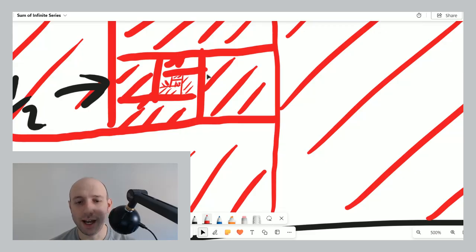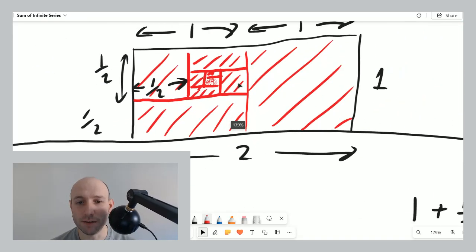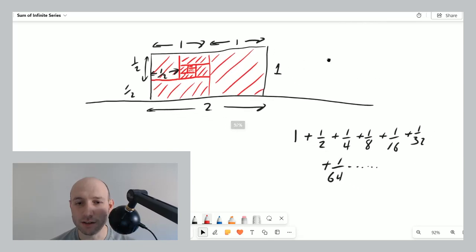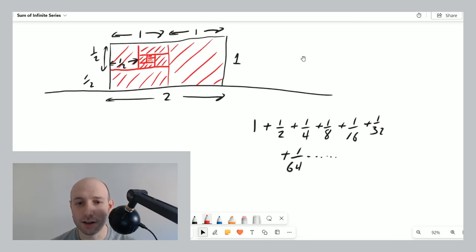And so on. And if we were to do this to infinity, eventually the entire area will get painted, and that will equal 2. So again, it's another way of illustrating how this infinite series has a finite sum.